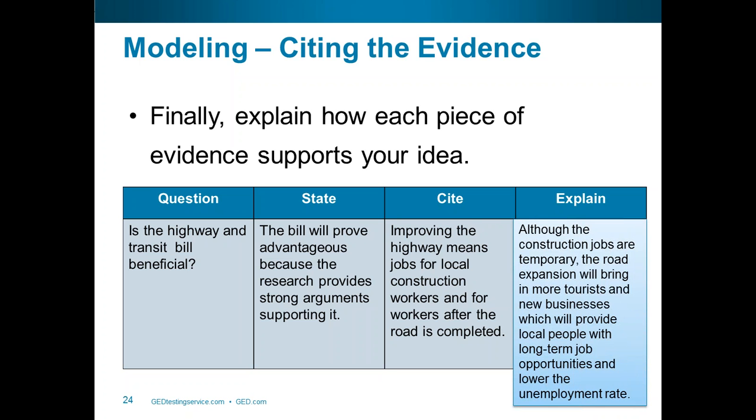It says, although the construction jobs are temporary, the road expansion will bring in more tourists and new businesses, which will provide local people with long-term job opportunities and lower the unemployment rate. Wow. I've gone all the way through and connected and shown how it's going to be advantageous.